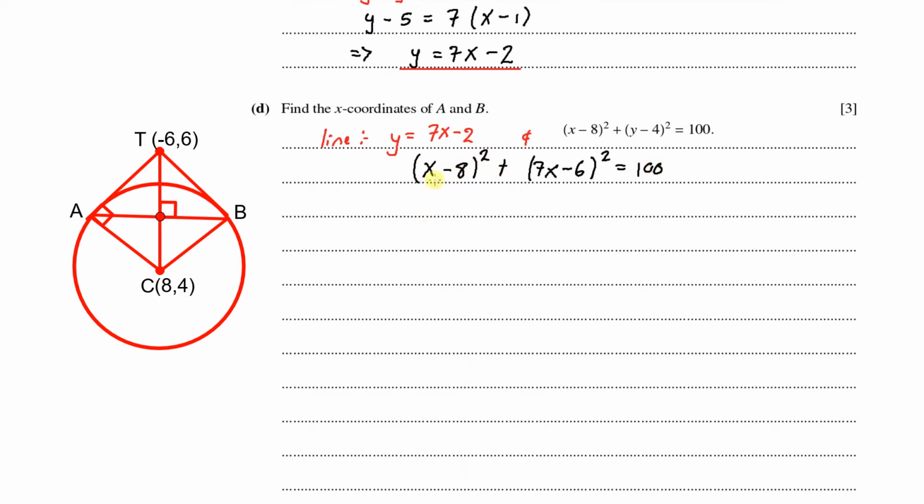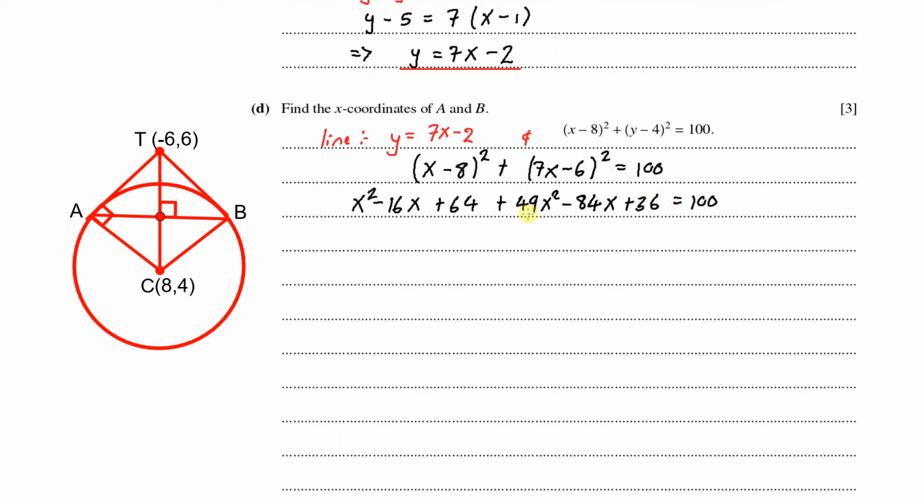So let's simplify this. Expanding the brackets, we get x squared minus 16x plus 64. Plus here we get 49x squared. Then 7 times minus 6 is minus 42 times 2. That's minus 84x. And minus 6 squared, that's 36, is equal to 100.